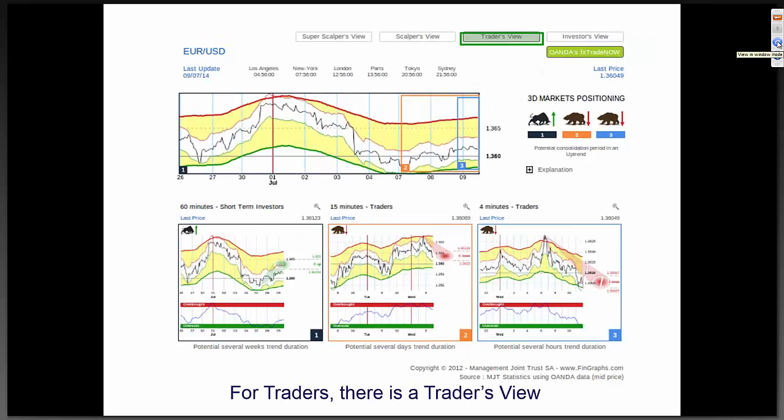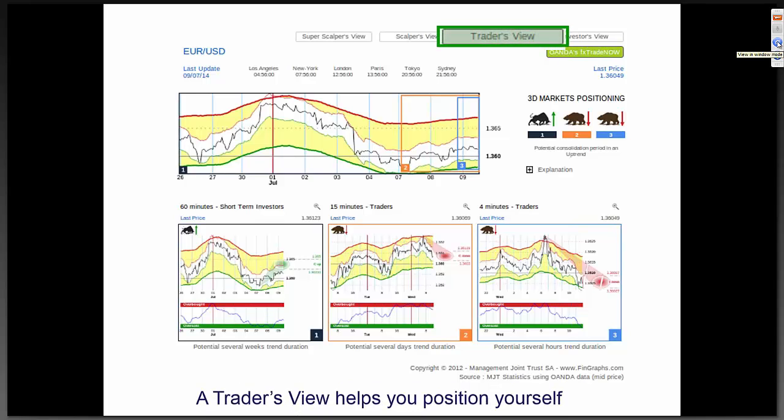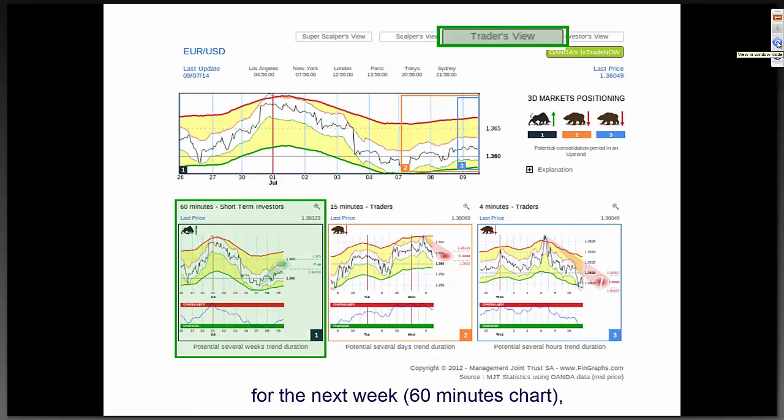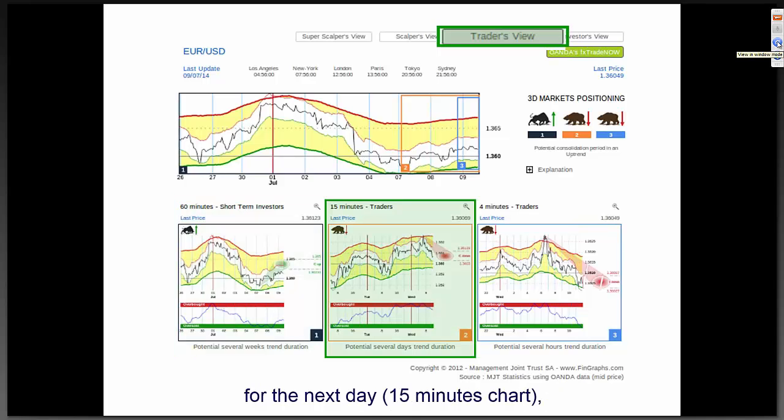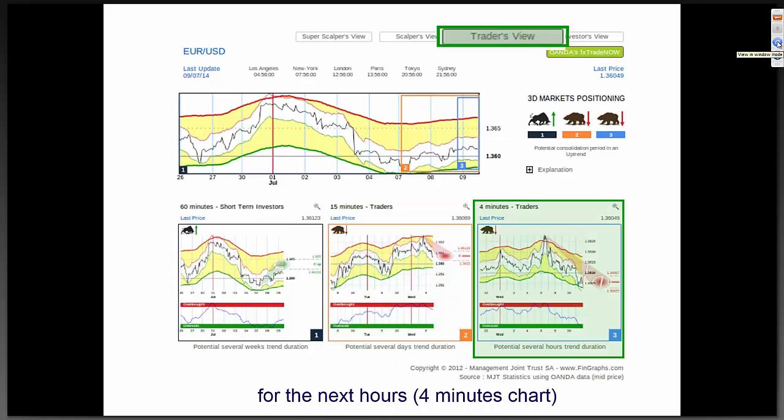For traders, there's a trader's view. A trader's view helps you position yourself for the next week with the 60-minute chart, for the next day with the 15-minute chart, and for the next hours with the 4-minute chart.